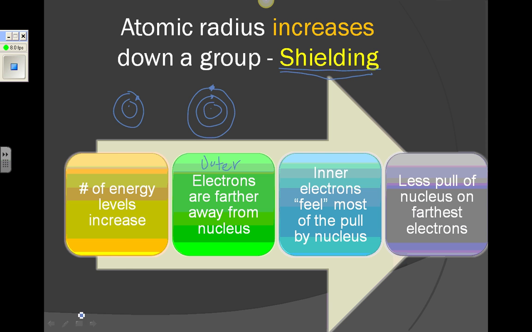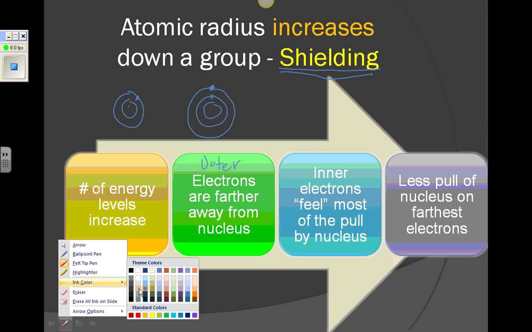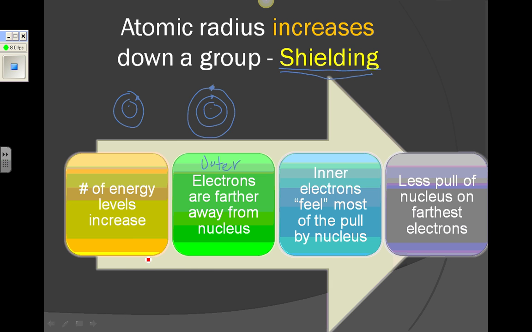So what happens is the inner electrons are going to feel most of the pull of the nucleus, and these outer electrons are going to be free, so to speak, from the pull of the nucleus, because the inner electrons take most of the hit. That means that the nucleus has less of a pull on the farthest electrons. So that's called shielding.